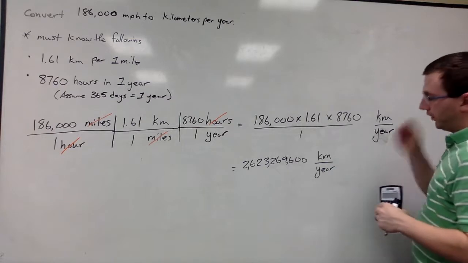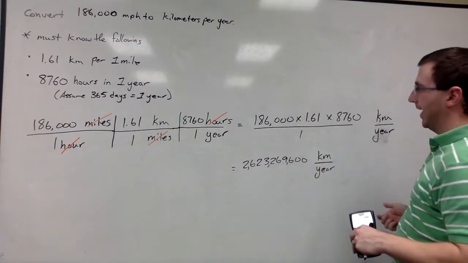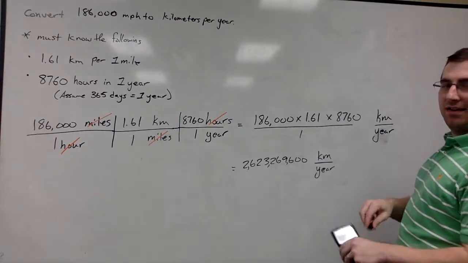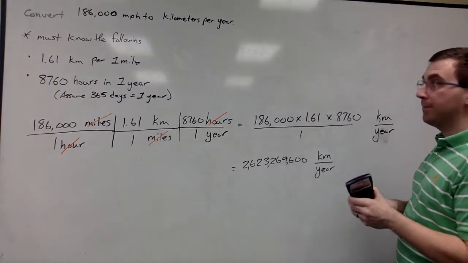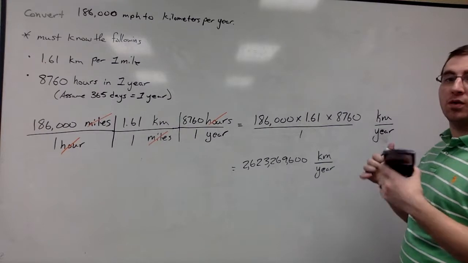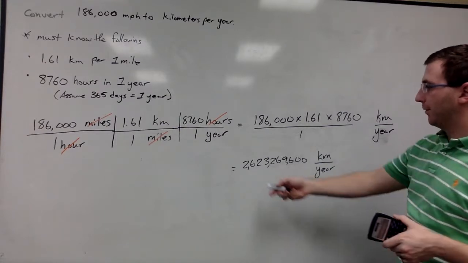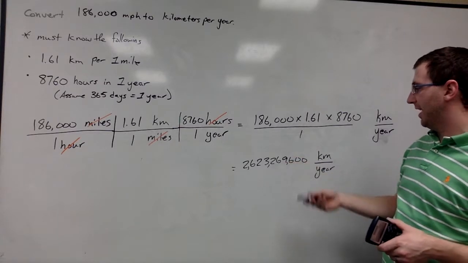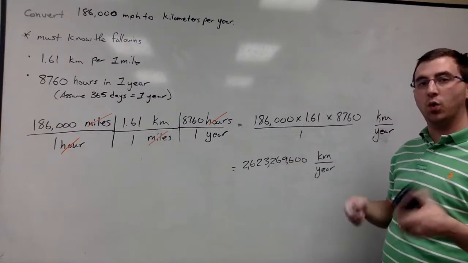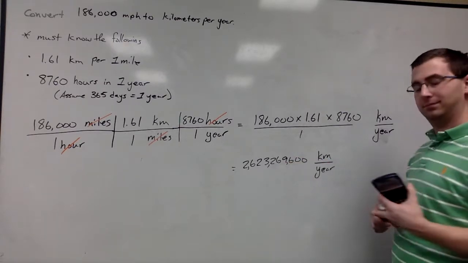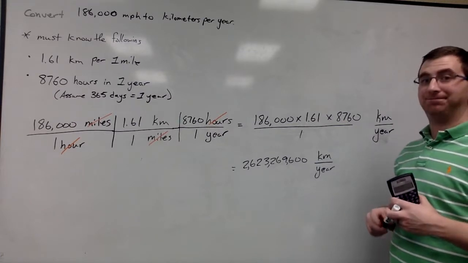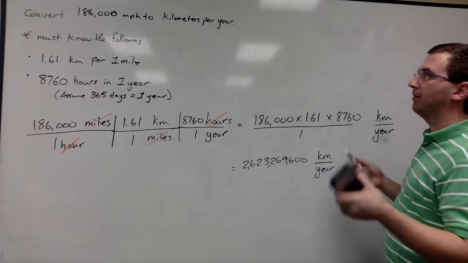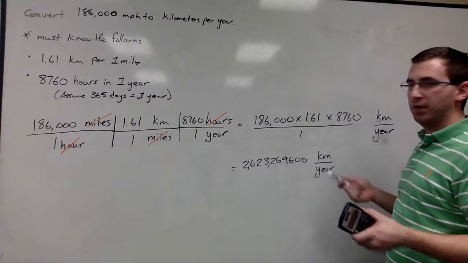So basically, if we travel at a speed of 186,000 miles in 1 hour, then over the course of 1 year, we're going to travel 2,623,269,600 kilometers in 1 year. That's a lot, not going to lie. But that's how we can convert miles per hour into kilometers per year.